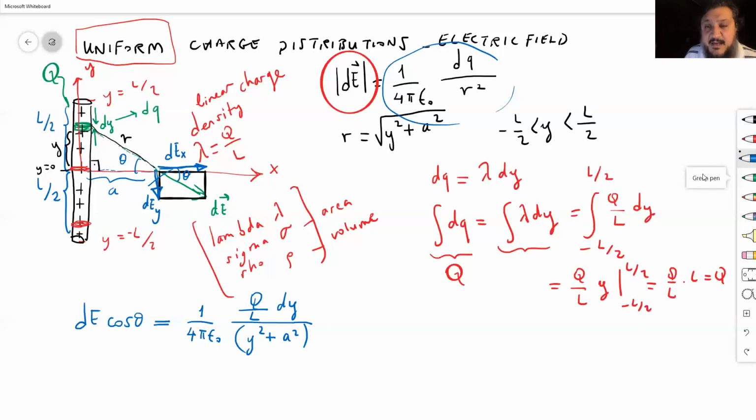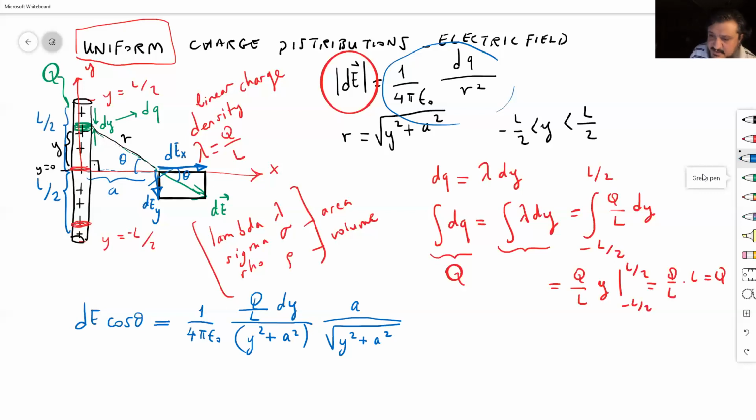So here's the cosine theta, a over r. So a from the right triangle here, a divided by r. R is square root of y squared plus a squared.